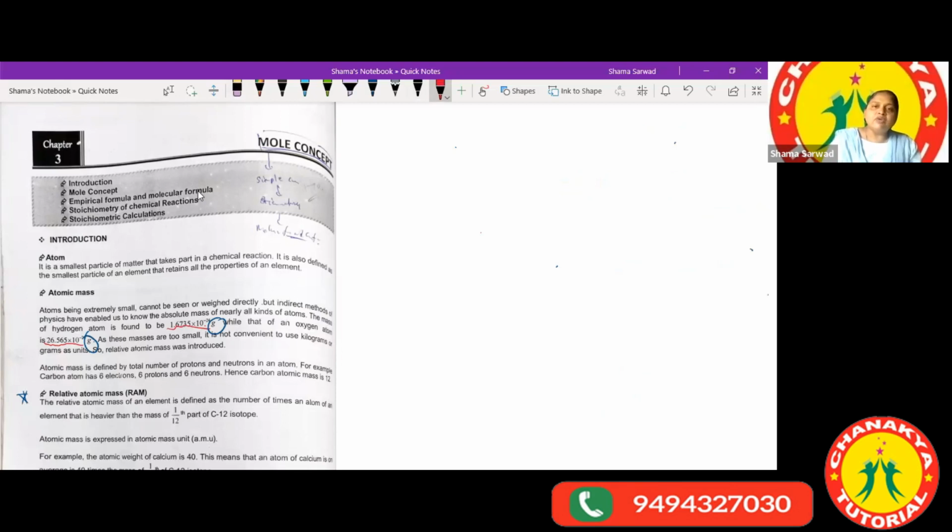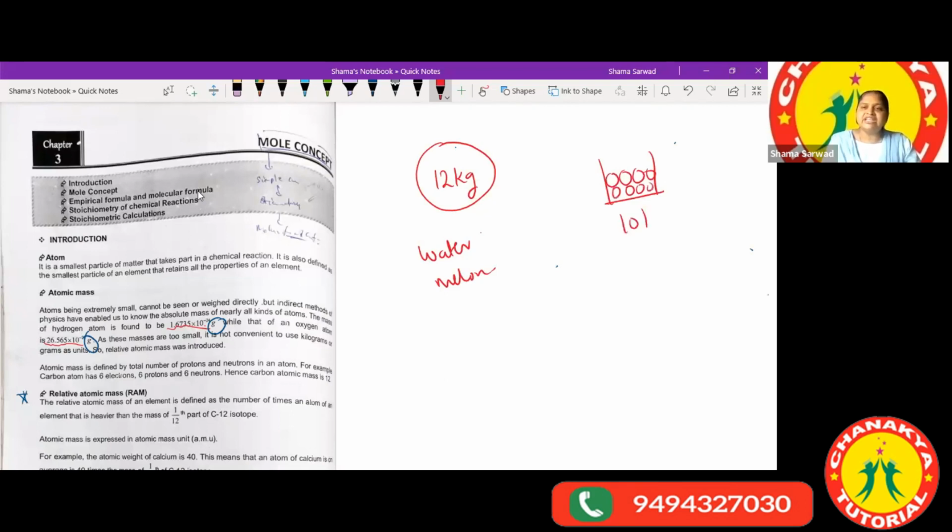Now, suppose I have a watermelon of mass 12 kg. The mass of this watermelon is 12 kg, right? And in one basket, I have apples, suppose around 10 kg of apples.